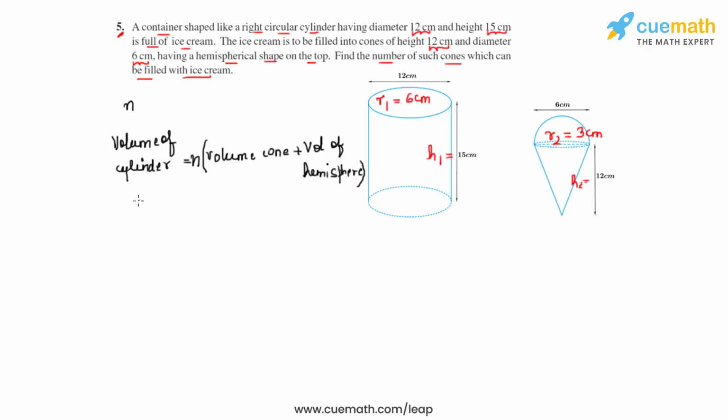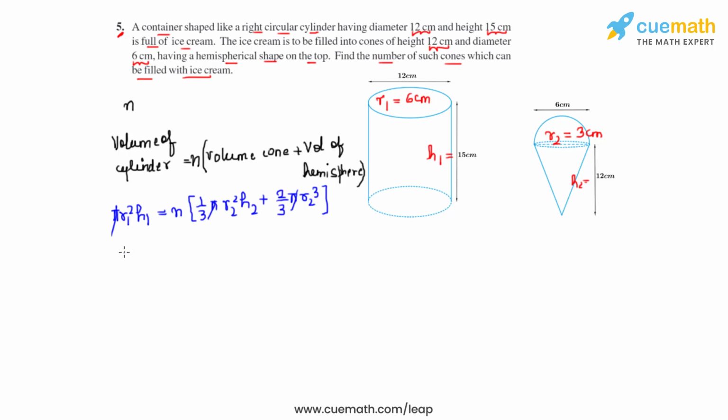So the volume of a cylinder is found out with the formula pi R1 square times H1 equals N times the volume of cone, which is 1 by 3 pi R2 square times H2, plus the volume of the hemisphere, which is 2 by 3 pi R2 cube. As pi is common on both the sides, we can cancel it out.